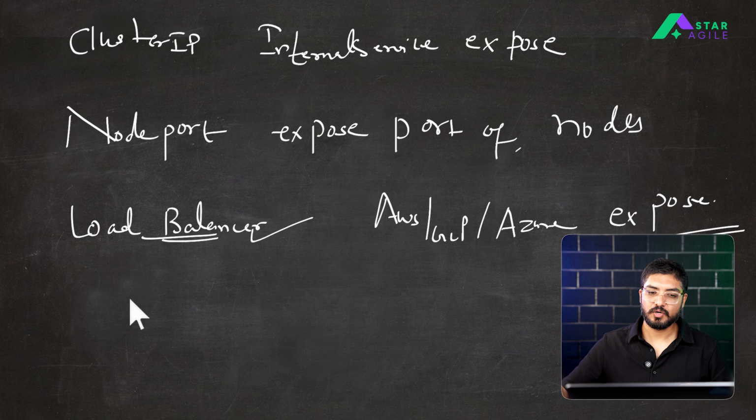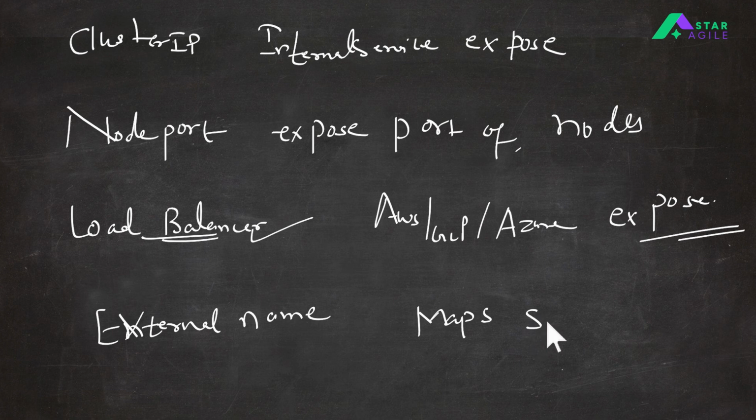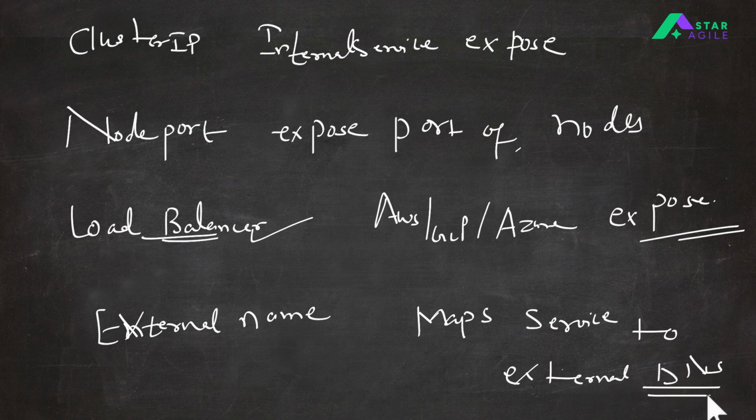There is one more called external name, which is mainly used for mapping external name services. It basically maps a service to an external DNS name. So this is the usage of the various types of services present in the Kubernetes orchestration tool.